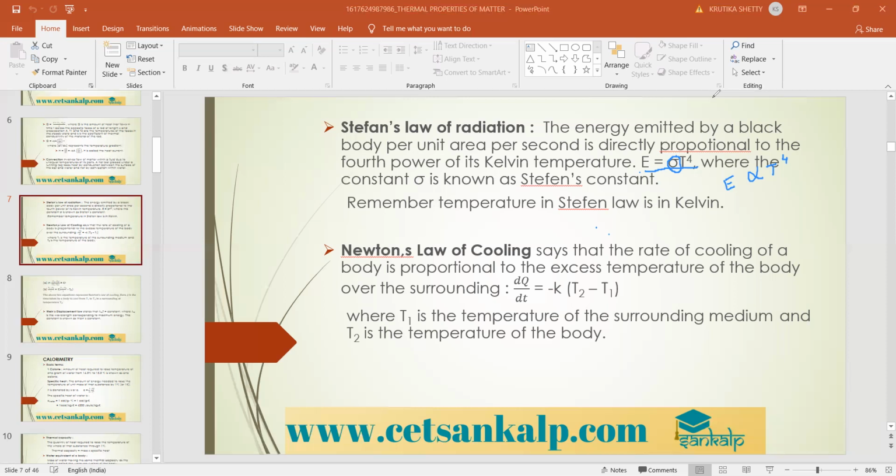So if you see the law here, the rate of cooling is directly proportional to the excess temperature of the body. Again, to remove the proportionality sign, we are taking a constant K here. What does this negative sign indicate? The negative sign indicates that the rate of cooling decreases with time.